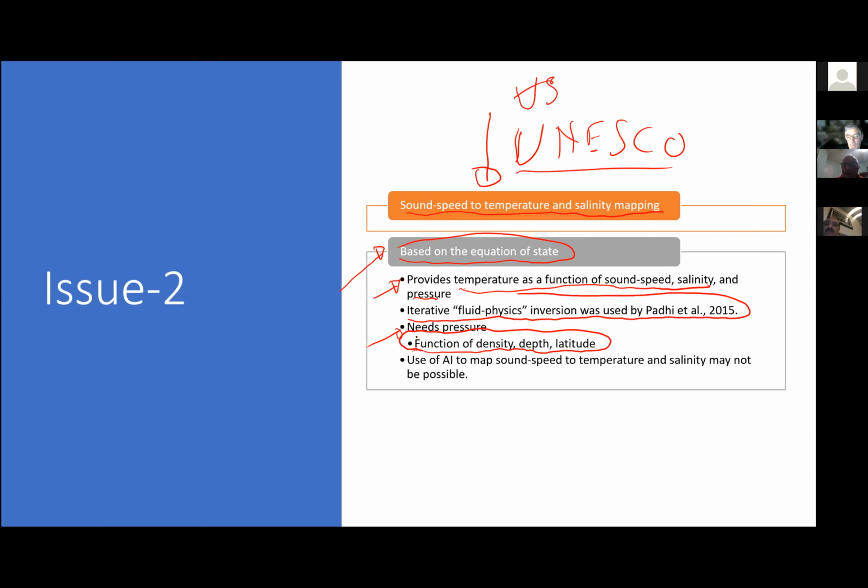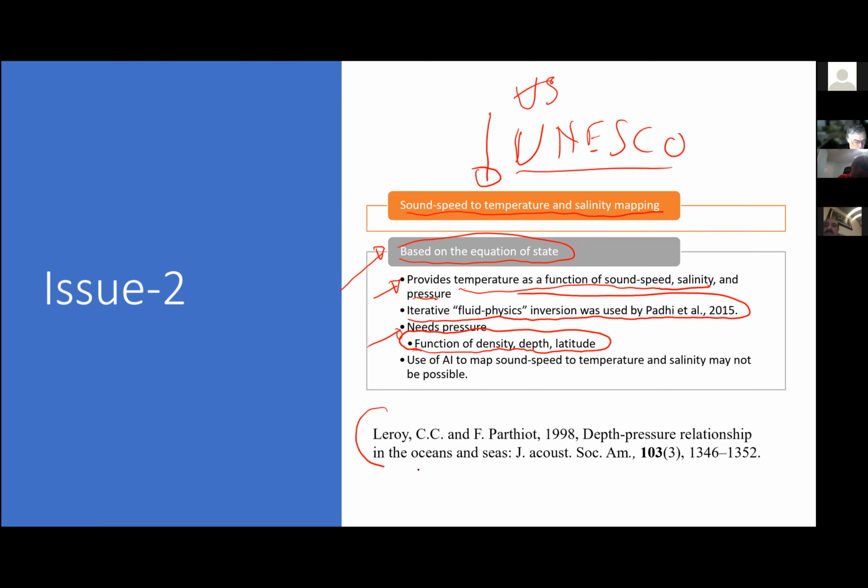With latitude, it changes, and those subtle changes are very important. There is a paper published that shows you how to find the pressure, and that's exactly what Amit did.